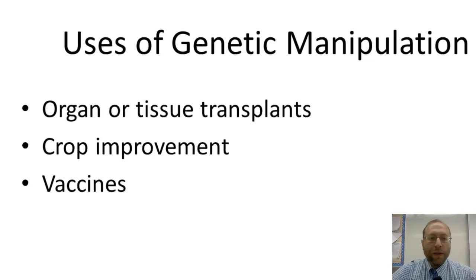Also, genetic manipulation can be put into vaccines. For example, you could put the vaccine for something into a completely harmless bacterium, and that harmless bacterium will then produce the antigen, and you'll become immune to that disease.